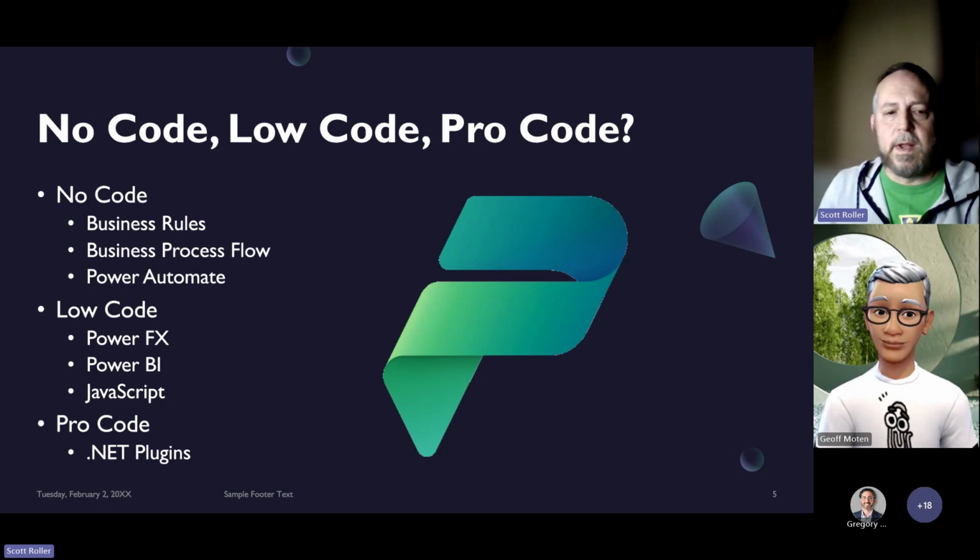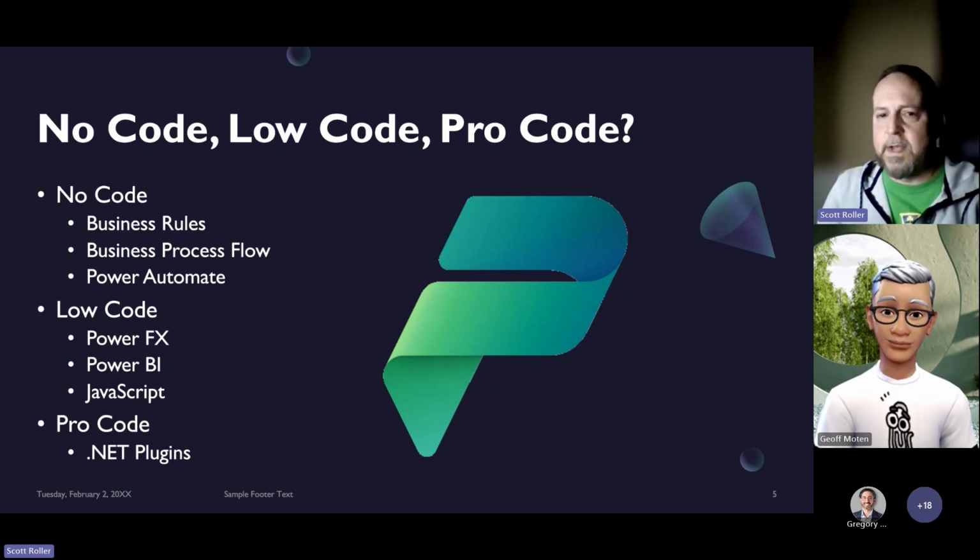This is our logic workflow tool that Power Platform gives us for getting different triggers and then making different things happen. Power Automate is a big enough topic that it could be all its own thing, so I won't go too far into it now because I could spend a whole hour just on that. But it's the ability to be triggered off of different events, maybe send out an email, maybe send out a text, maybe make a decision that changes data. All those things are possible within Power Automate.